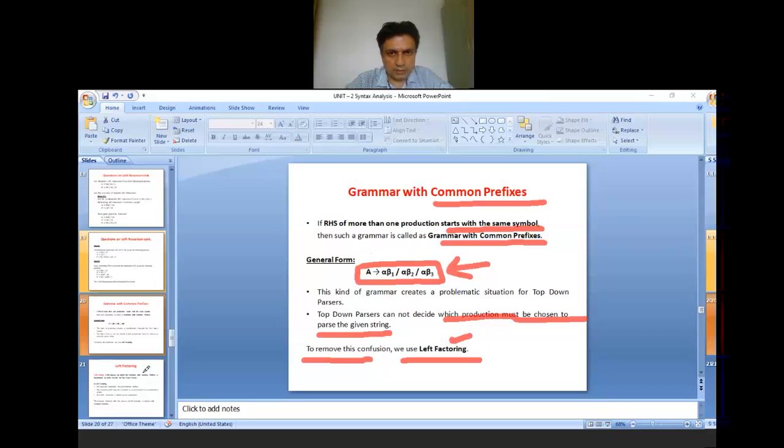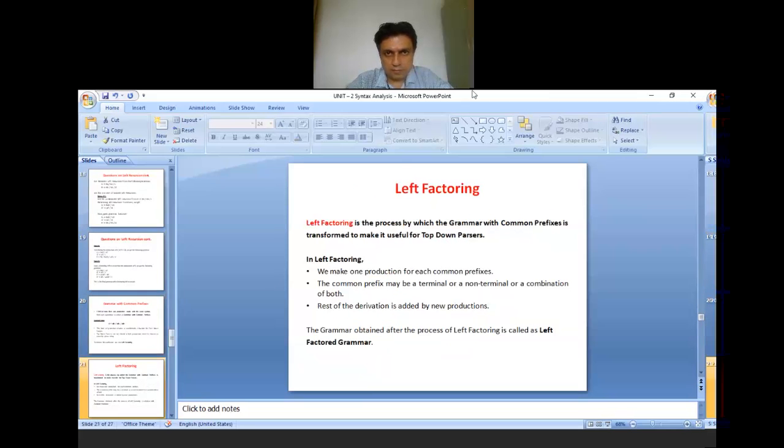Now moving on to the next slide. Left factoring is the process by which a grammar with common prefixes is transformed to make it useful for top-down parsers. In left factoring, we make one production for each common prefix. The common prefix may be a terminal, a non-terminal, or a combination of both.